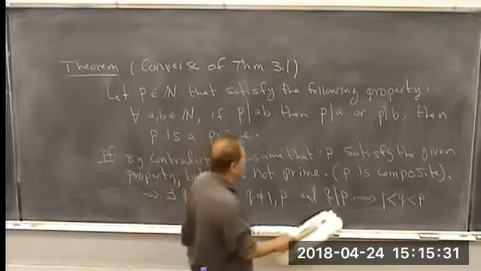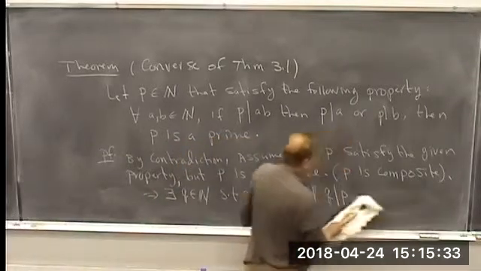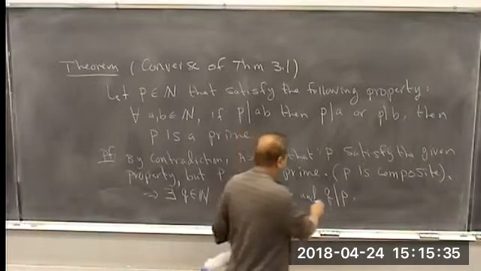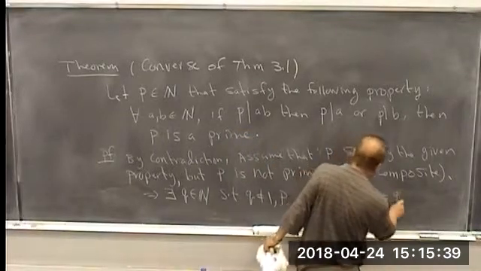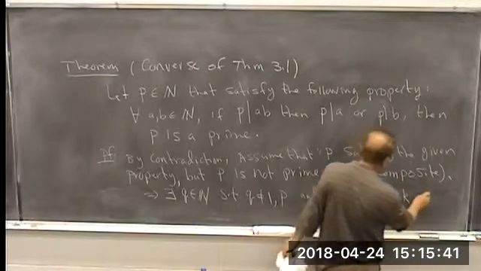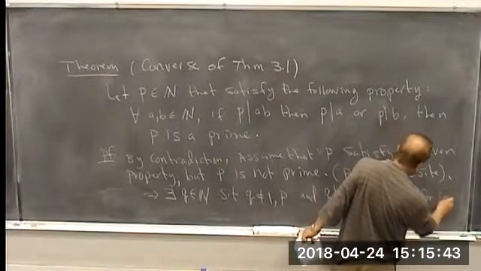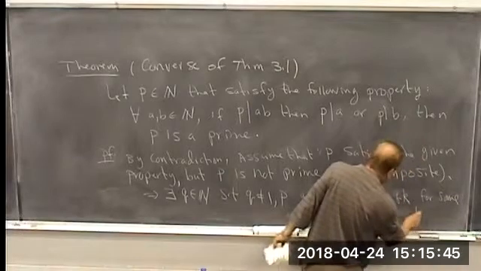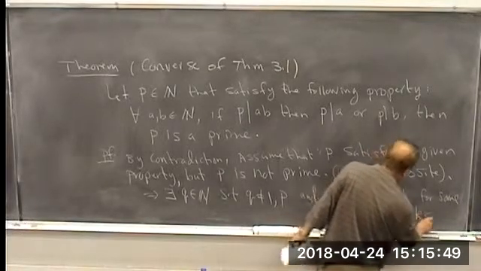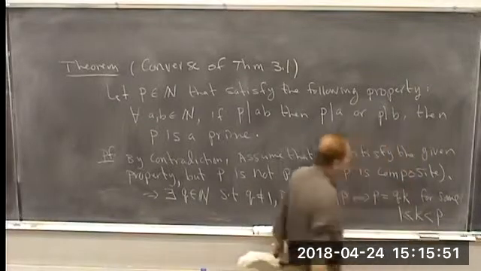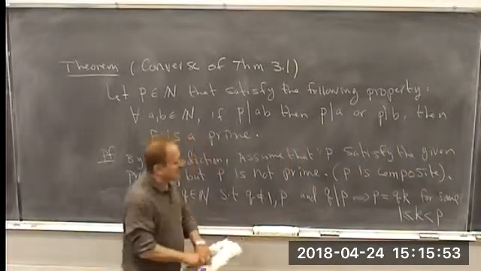Or actually, let me do it slightly differently. This implies that P is equal to QK for some K, and K is between 1 and P, less than P. Same thing is true for Q itself.